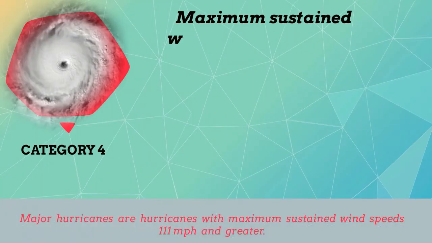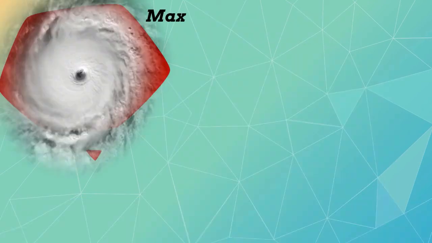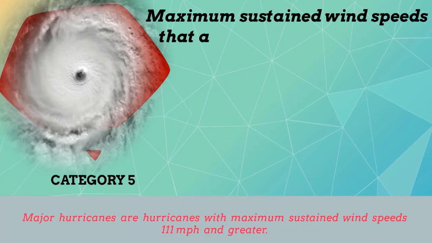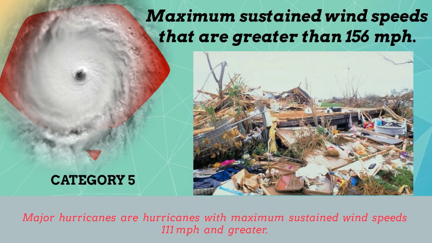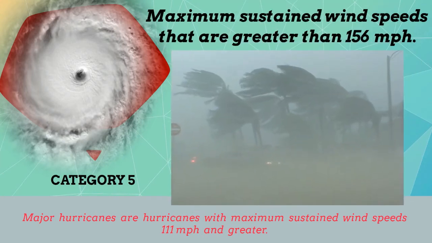Category 4 hurricanes have maximum sustained wind speeds of 130 to 156 miles per hour. Category 5 hurricanes have maximum sustained wind speeds that are greater than 156 miles per hour.